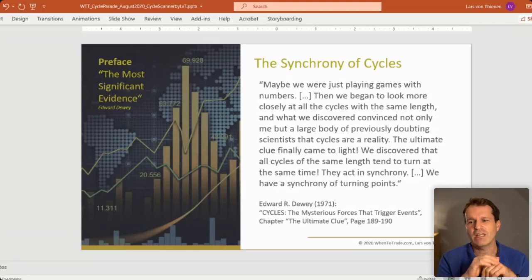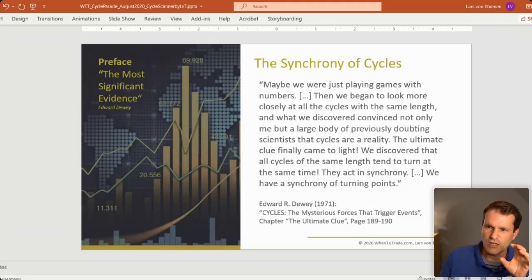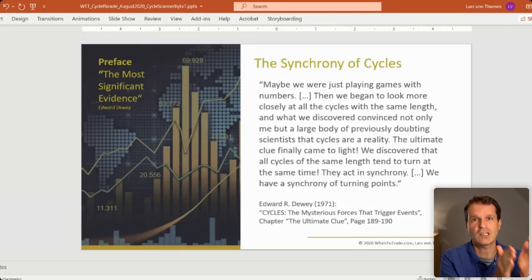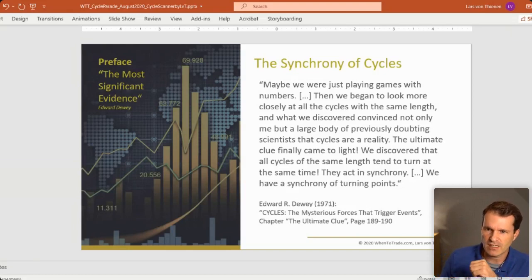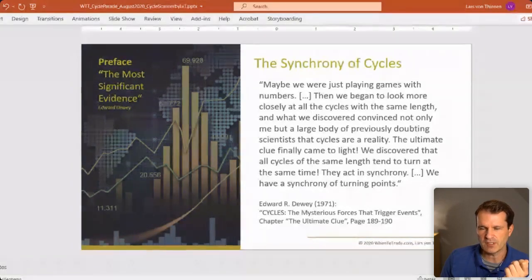When he looked more and more at the individual cycles, he discovered, and just remember, I showed you one cycle with a length of 170-something bars, it becomes more important that the ultimate clue, which Dewey also described, was discovered when there's a synchronicity, which means that all cycles of the same length tend to turn at the same time.